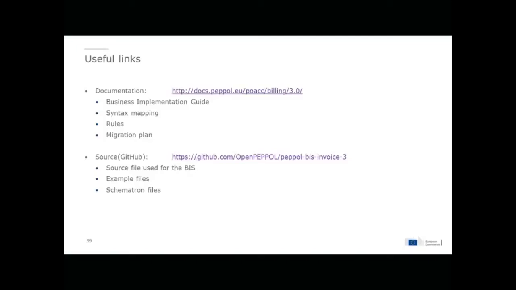There have been developed Schematron validation rules for the CII, or Cross Industry Invoice, as well, but we have not created snippets, etc., and major examples. More policy. Yeah, but I cannot answer that one.